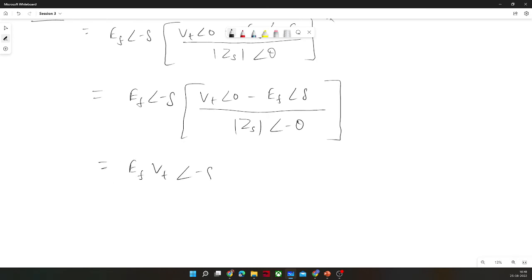EF VT angle minus delta plus theta minus EF square, angle theta. The plus and minus delta would cancel, so theta would be there.